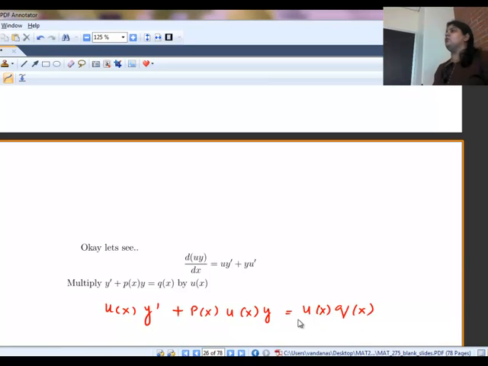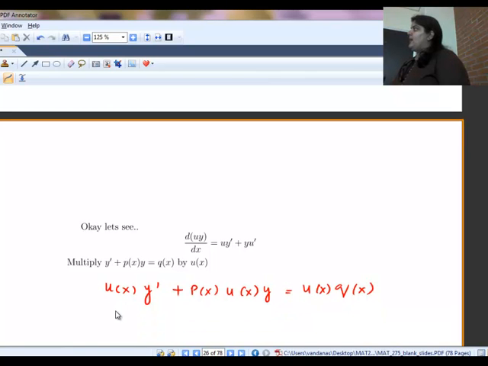We still don't know u, but our goal is to try to find v. So this is something we are getting now. And if I look backward, u y prime I am getting, okay, that's fine. y u prime I should get, okay. And this should be equal to some f(x).